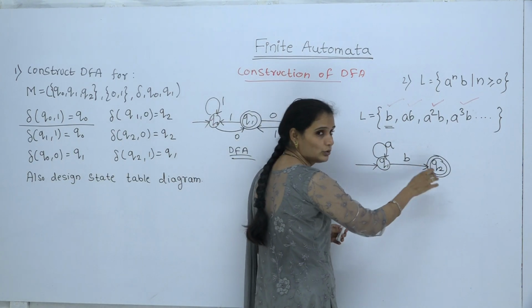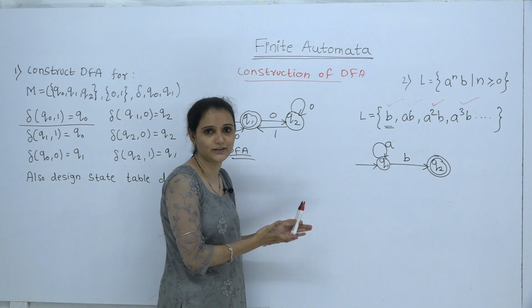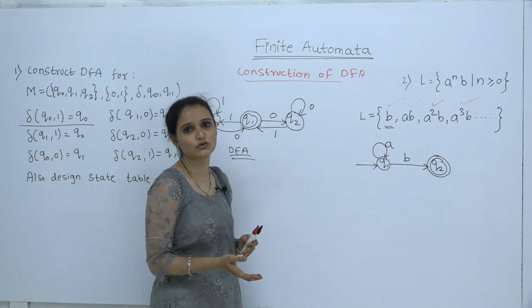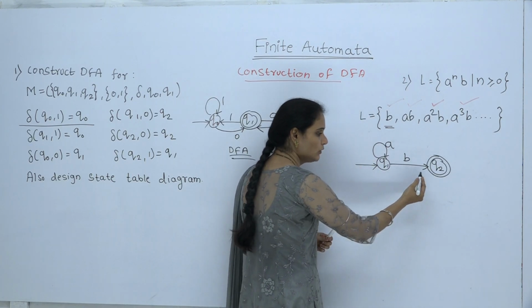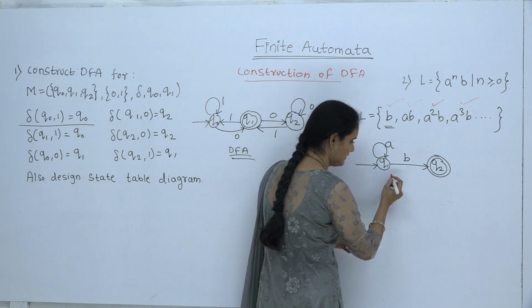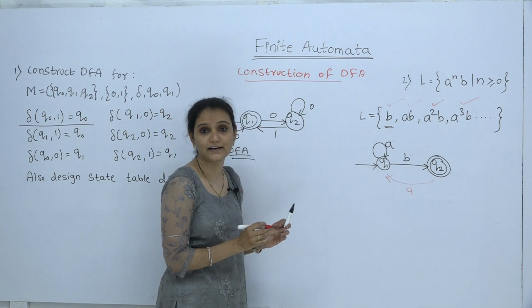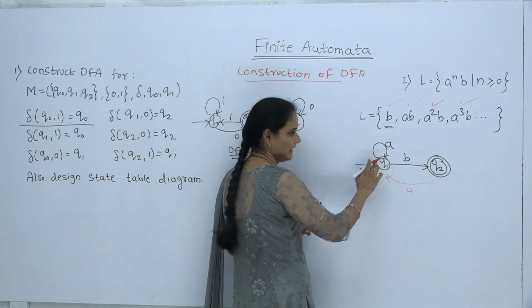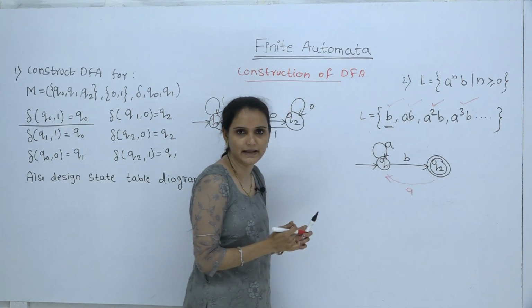Then what about Q2? From Q2, a should go to another state or that particular state, and also for b. So from Q2, can I give a to Q1? If we give it like this, then the meaning of the language will be changed, because a, b, again a, b, that string will be accepted.